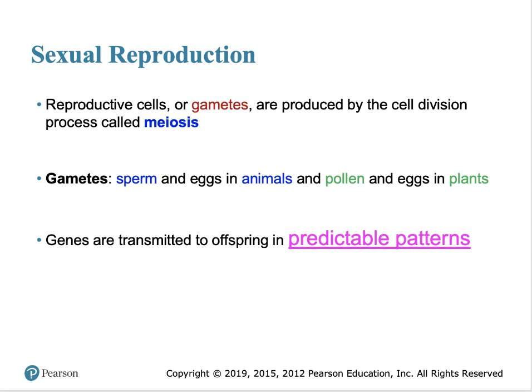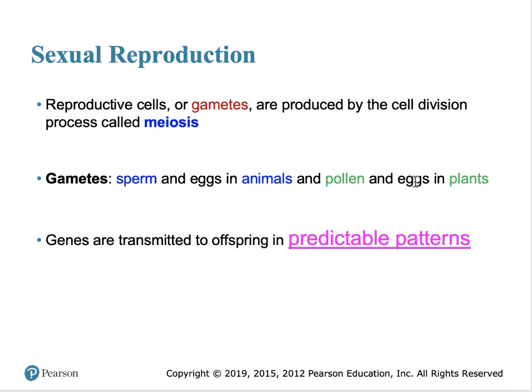Sexually reproducing organisms produce single cells through meiosis called gametes. And the gametes have half the amount of DNA as the cells from which they arose. The names of the gametes are sperm and eggs in animals, and pollen and eggs in plants.